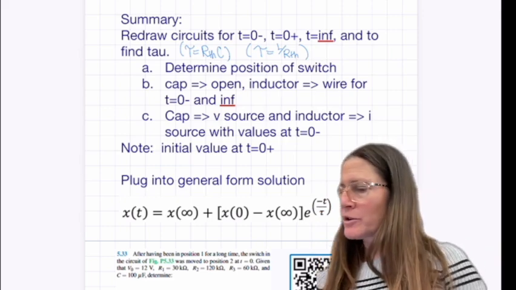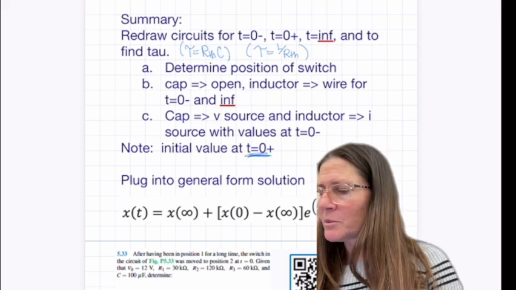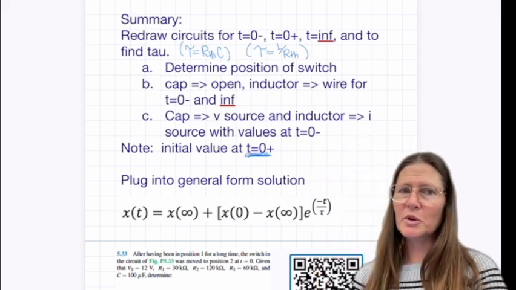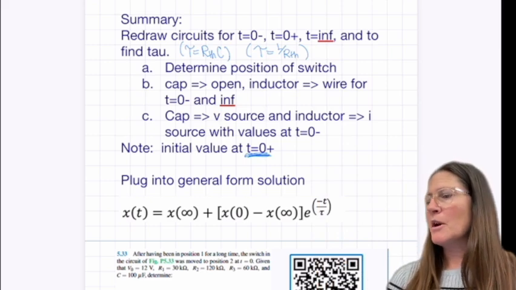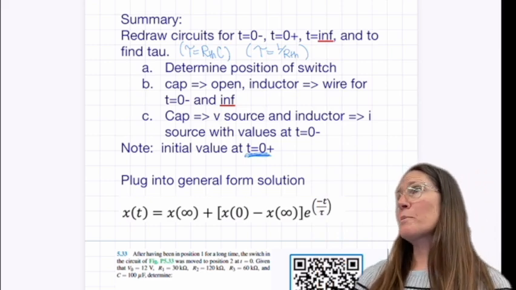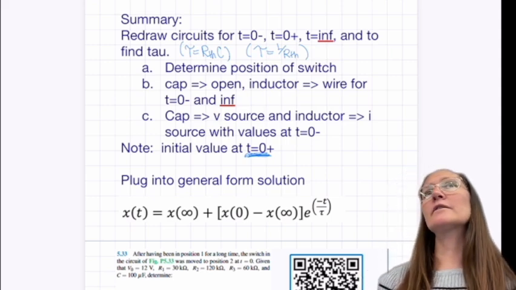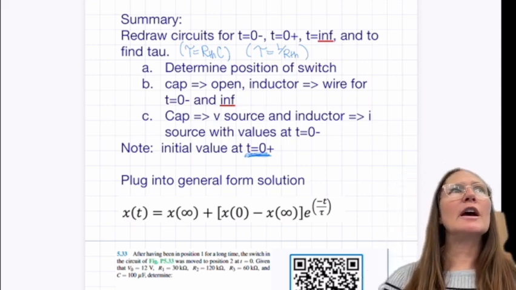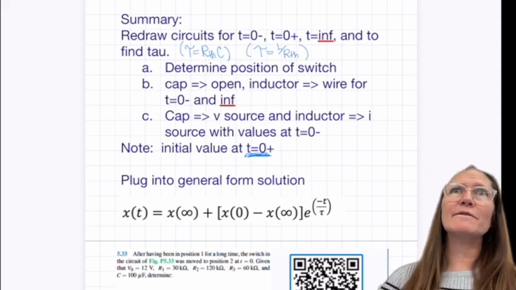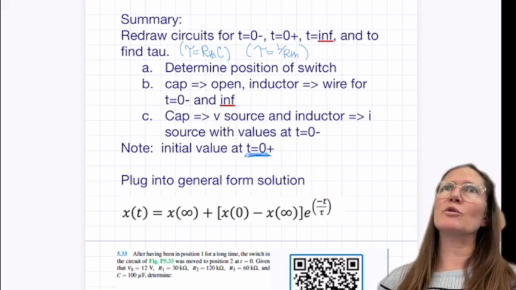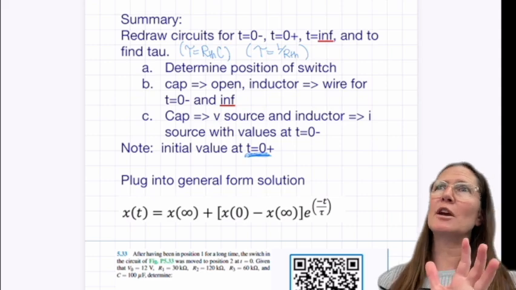The initial value is at t equals 0 plus, so that's another important thing to remember. Capacitor is open, and it's a wire for an inductor at time equals 0 minus, where it's sat for a long time, and then also at infinity, where it's sat for a long time.